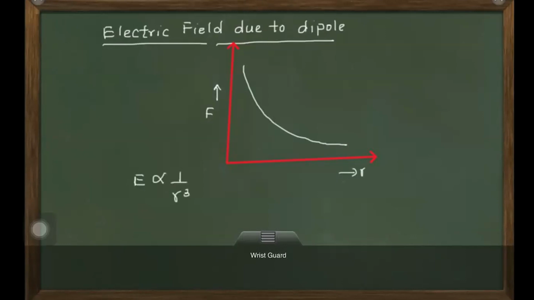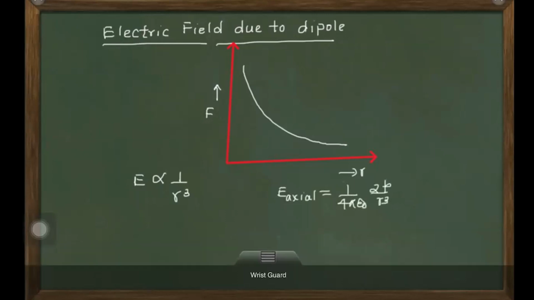In both the cases, axial and equatorial, in axial you have written E axial is equal to 1 by 4 pi epsilon naught, and then 2p divided by R cube. And in the case of E equatorial, it was 1 by 4 pi epsilon naught, and then p divided by R cube.